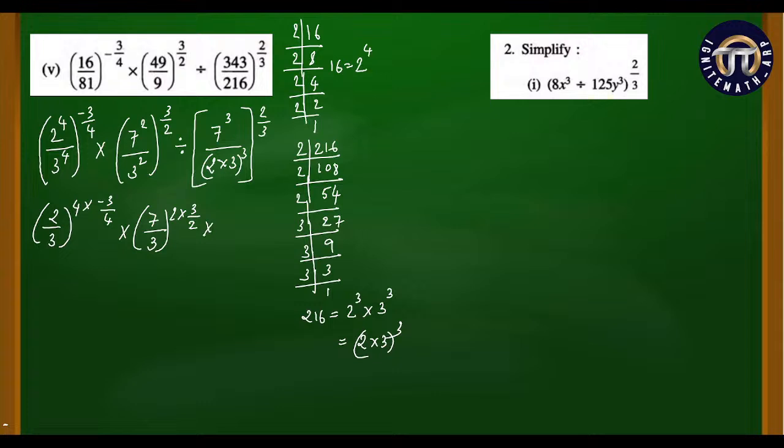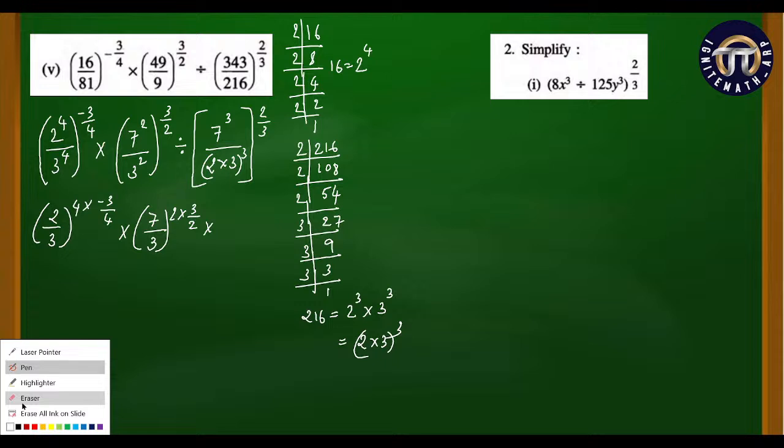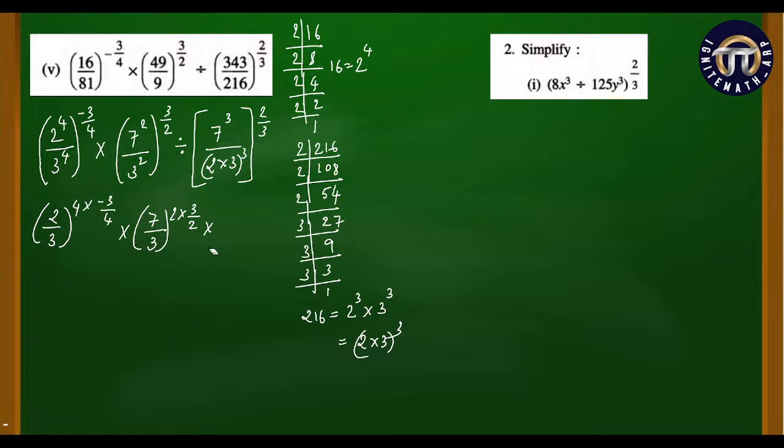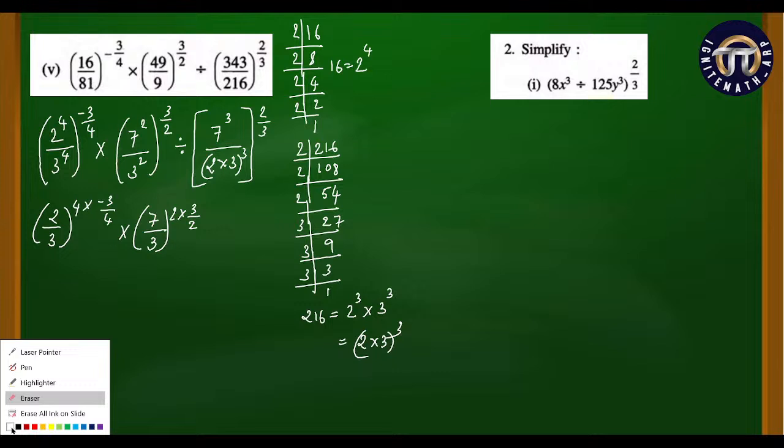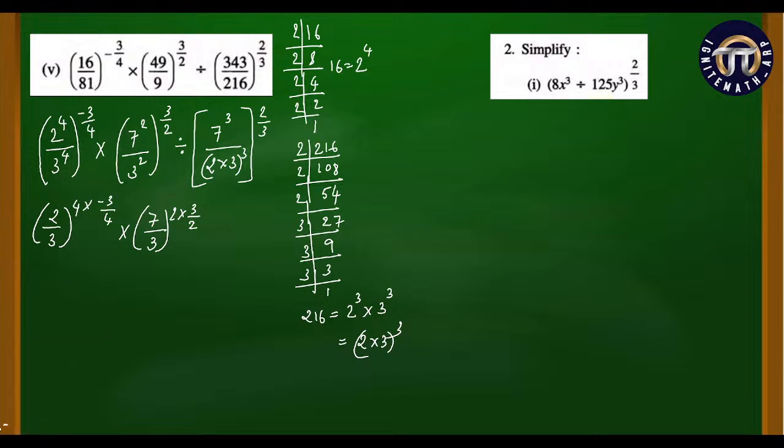So here I have division. I don't convert directly to multiplication. First I will keep the division as it is. Later I will convert it to multiplication. So I keep the division sign as it is: 7 by 2 into 3 to the power of 3 into 2 by 3 I will write.